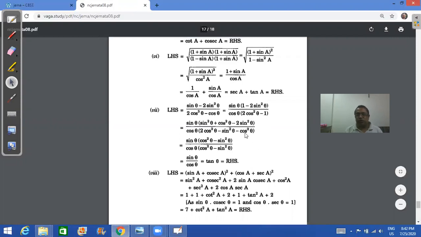The signs will change and you're going to get minus sine square and minus cos square. So when we solve this, we get cos square, and sine square theta minus 2 sine square theta will become minus sine square theta. So we get cos square minus sine square in the numerator, and 2 cos square theta minus cos square theta is cos square theta, so we get cos square minus sine square here.